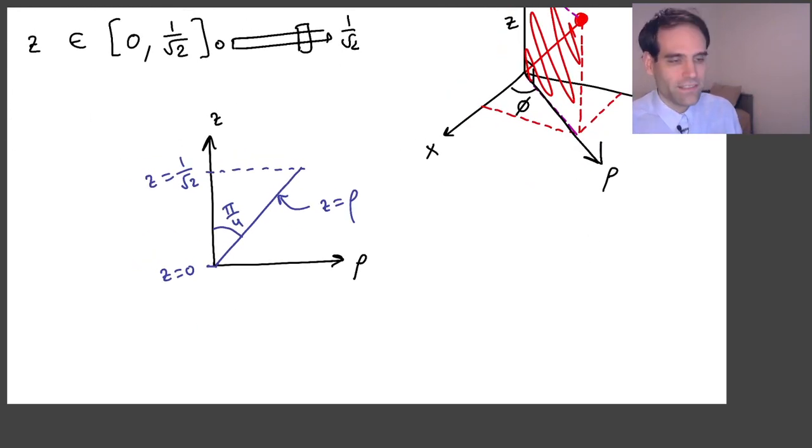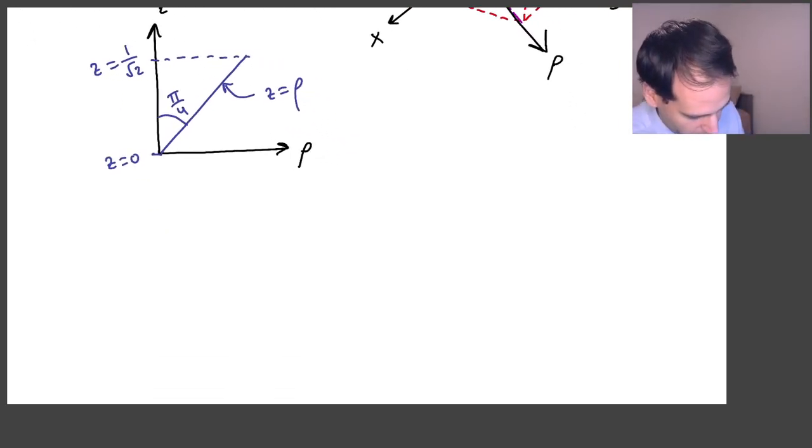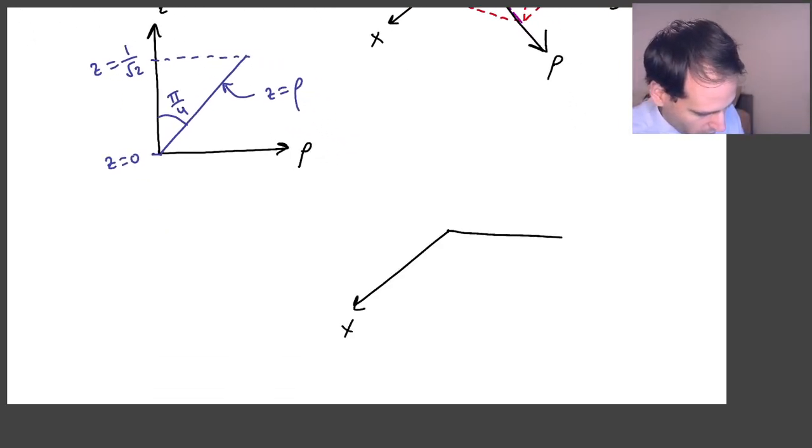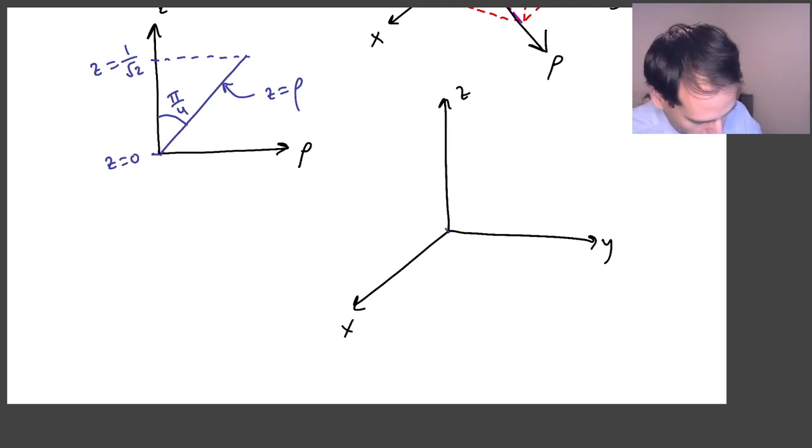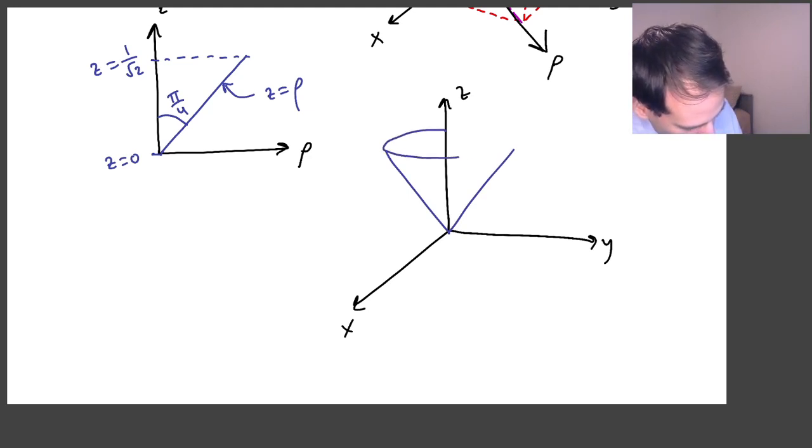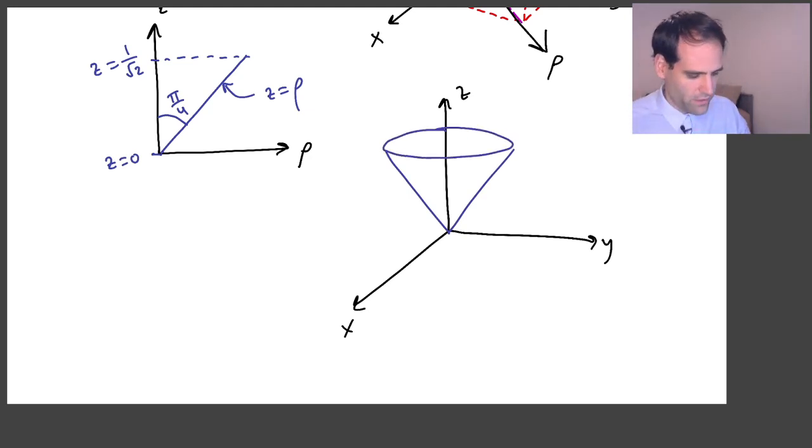So if we get this z equals rho line and we do a revolution around the z-axis, we are going to get this cone, okay? Therefore, the surface that this is representing would be a cone that looks like this. It's the surface of this cone, the curved surface of this cone, okay?